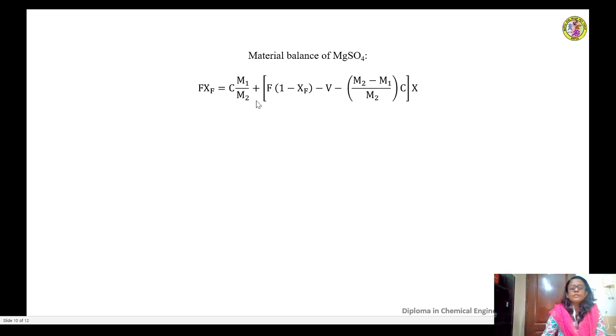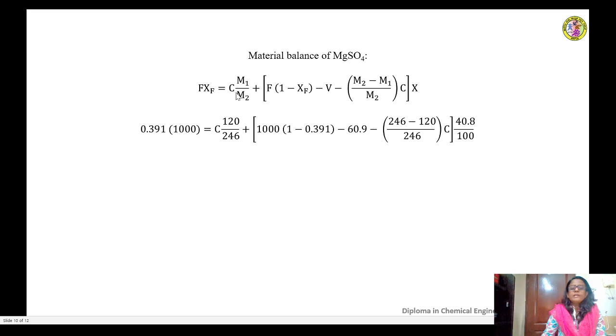F·xf is equal to C into M1 by M2 plus (F into (1 minus xf) minus V minus (M2 minus M1) by M2 into C), that whole thing multiplied by X, the solubility at the final temperature 303 Kelvin. So substitute all the values. You know all the other values except C. Using the equation, you can calculate C, which is obtained as 599.7 kg, which can be rounded off to 600 kg.